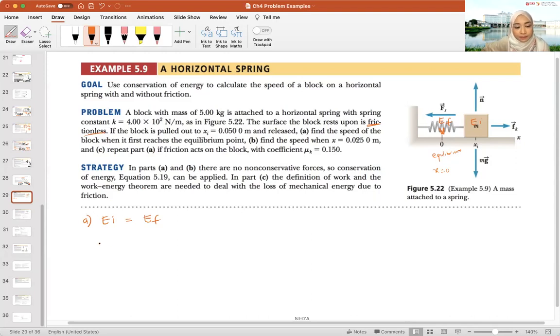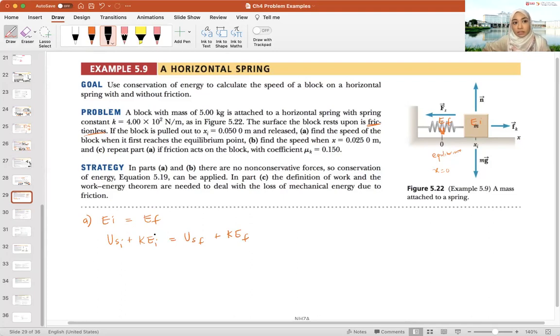What is US? So UG is MGH, US is 1/2 KX squared. Jangan lupa squared. So this is going to be initial, and then we have US final plus KE final. So this is our equation that we're working on.